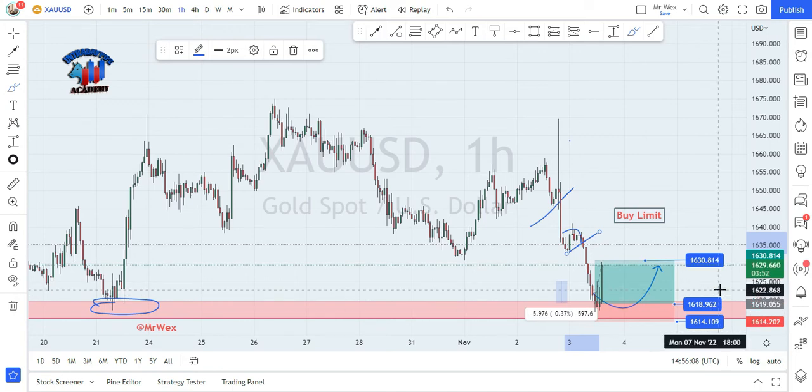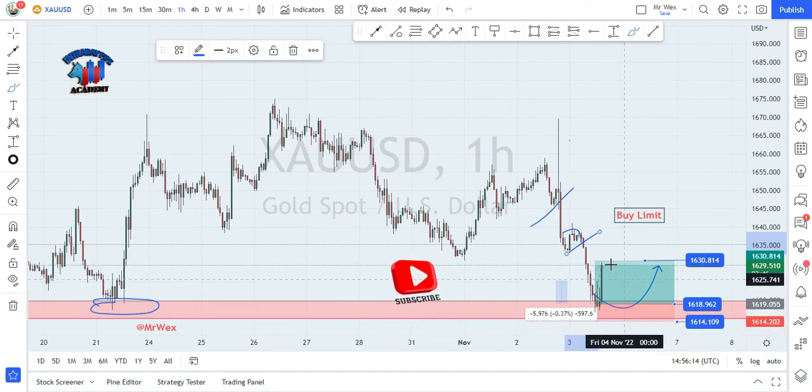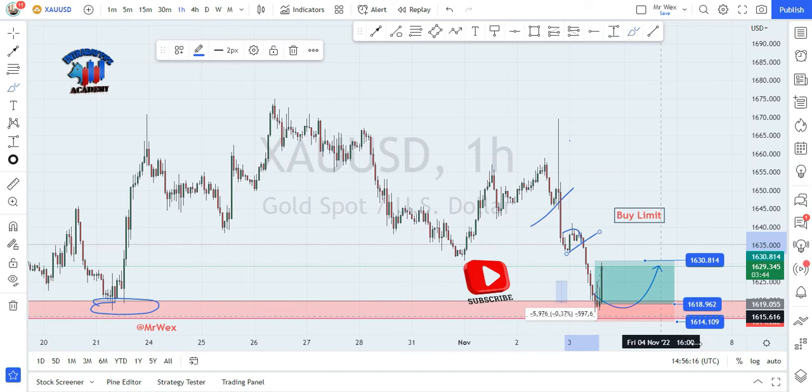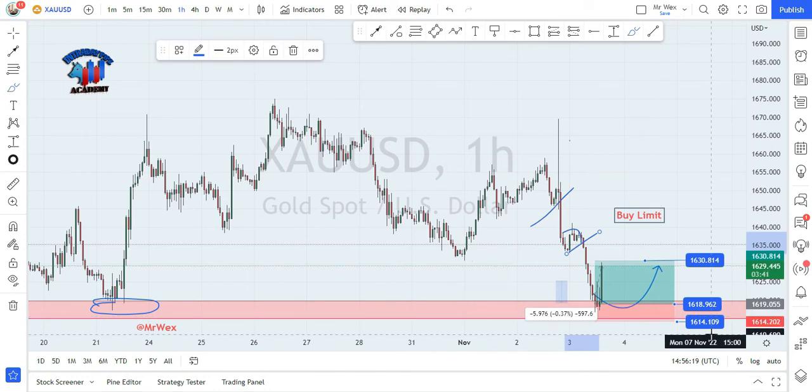And the reason for the stop loss, this is below the zone. If price breaks below the zone, apparently we are wrong, and that is how far we can go in terms of risk.